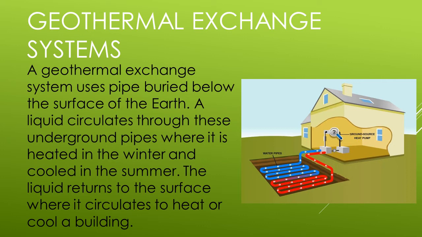Now that warm liquid or fluid then gets returned to the building where it is used to heat the building. So it's using that constant temperature of the ground to heat a liquid and warm a building.